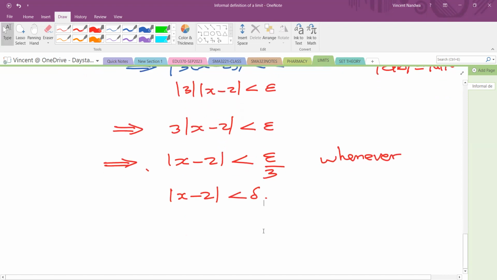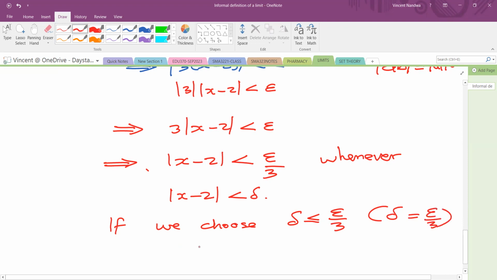So this means that if we choose delta to be less than or equal to epsilon over 3, or this is the same thing as just saying that you choose delta to be epsilon over 3, then we are done.